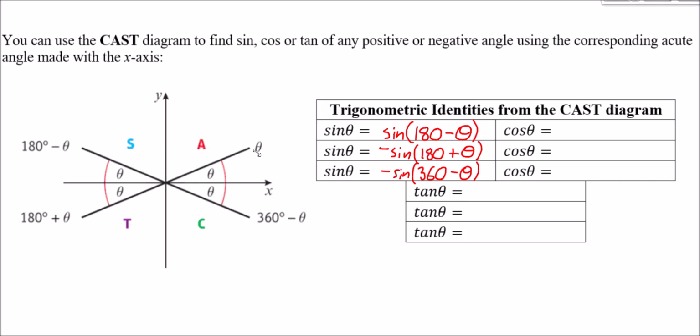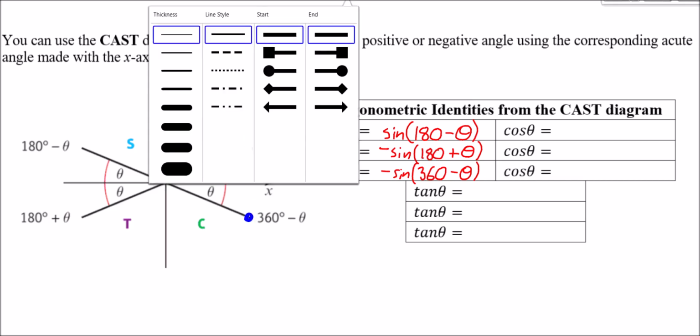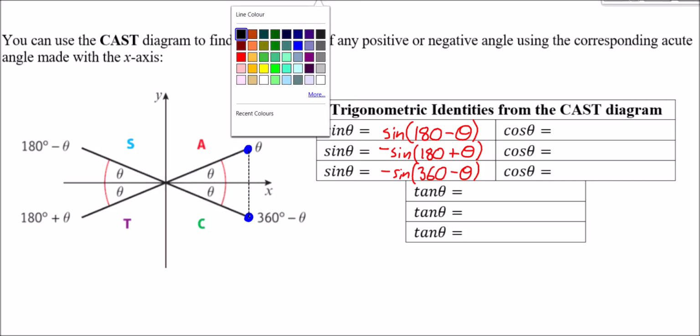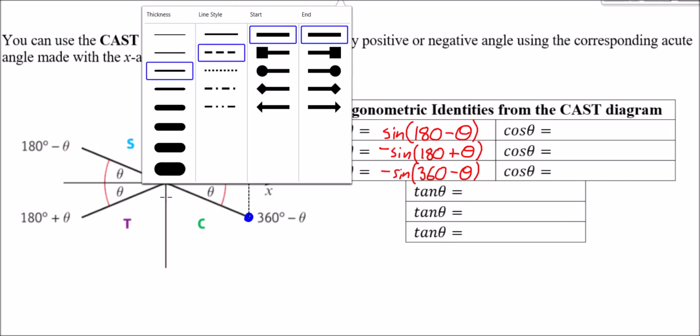And so if I just take here and label these points in blue, like so, then cos theta will be the x-coordinate of this point, which I'm going to just show by doing a blue line along here.